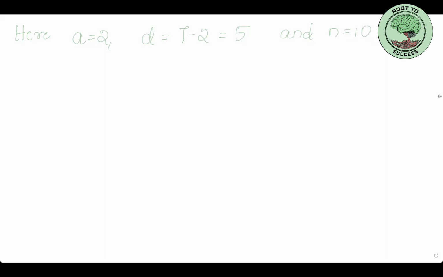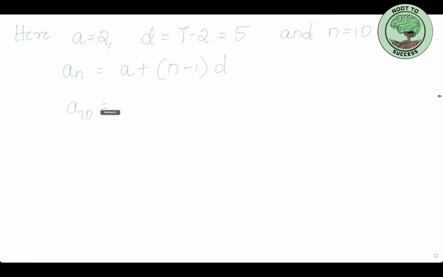The formula to find the nth term of an arithmetic progression is An = A + (n - 1)D.